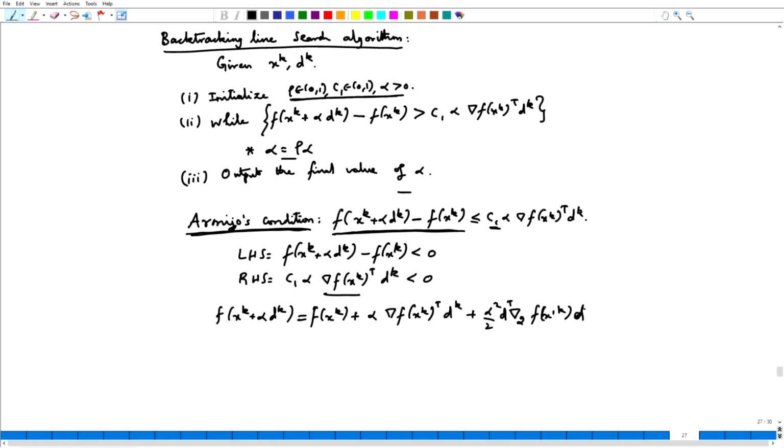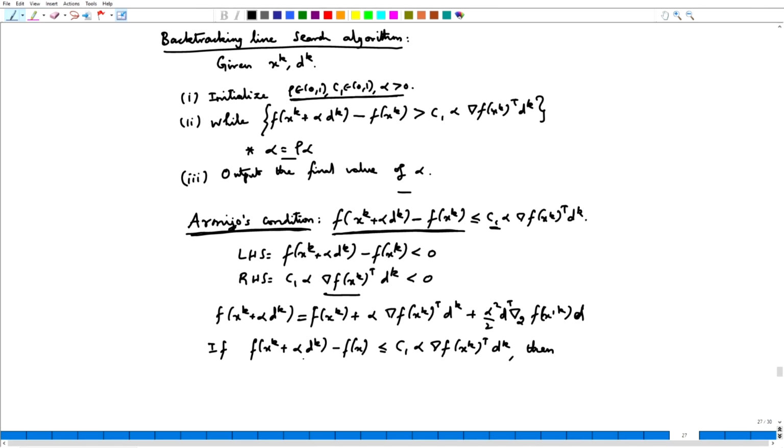So, what do we want? We want f of x k plus alpha d k minus f of x k to be less than or equal to C1 alpha del f of x k transpose d k, which is Armijo's condition. Then what happens?